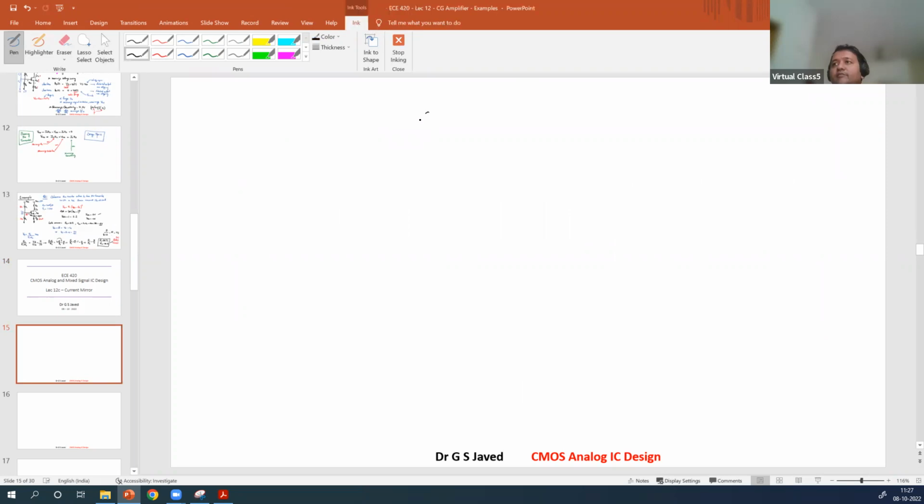If I place a mirror here and I already have a current flowing through here, now looking into the mirror, I should be able to get the same current again. I can mirror it any number of times. So this circuit which performs this action, to mirror the current coming out, is called a current mirror, right? That is its function.